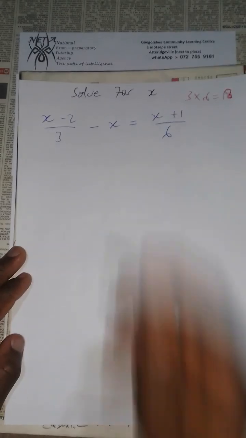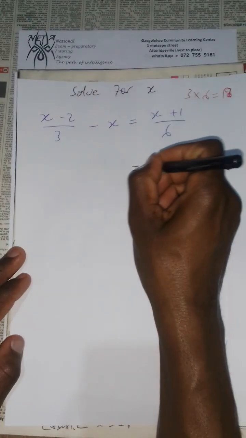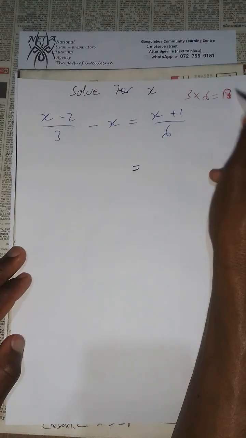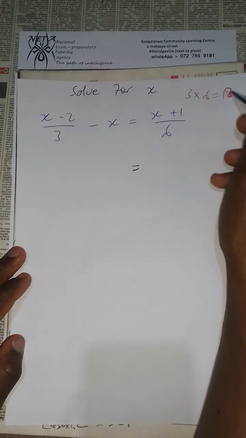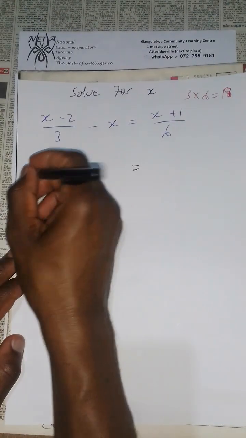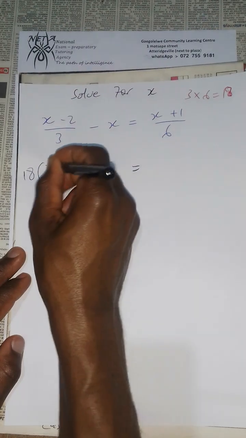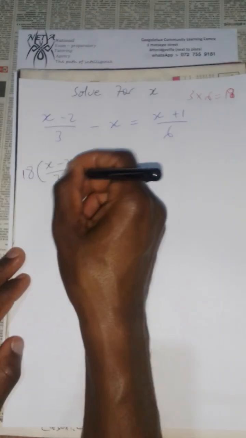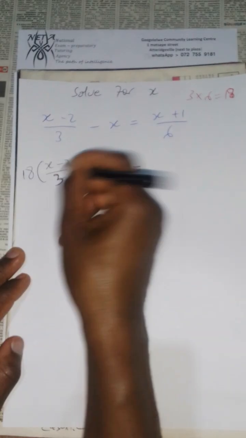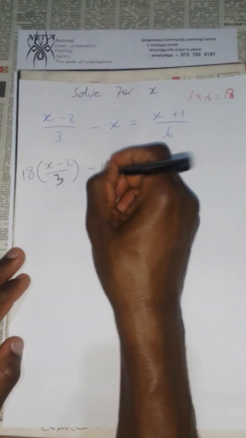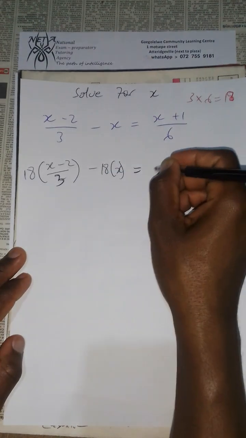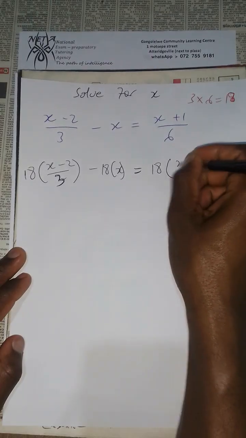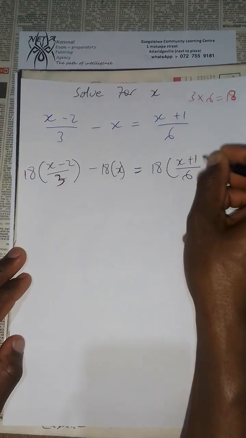Now let us get into the task of doing that. We're going to multiply by 18. We're going to multiply every term by the value of 18 because we want to balance the equation. We want to ensure that the equation is balanced. 18 into x and 18 into x plus 1 divided by 6.